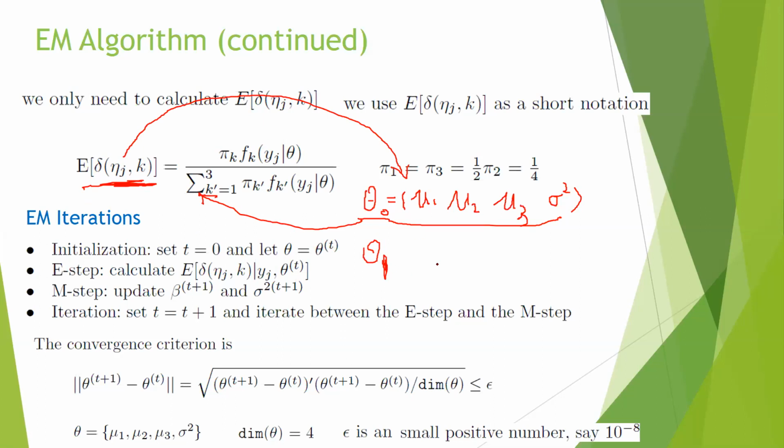But once we use this initial value to calculate the expectation, we can go back to re-estimate these parameters. Let's say this is mu1 0, mu2 0, mu3 0, sigma squared 0. And at step 1, we can get mu1 1, mu2 1, mu3 1, and sigma squared 1. So this is for the first step, right?